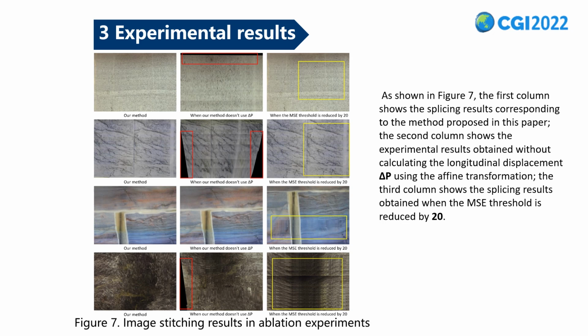That's our method. The second column shows the experimental results obtained without calculating the longitudinal displacement delta p and using the affine transformation. The third column shows the stitching result obtained when the MSE threshold is reduced by 20, which means our method is better.